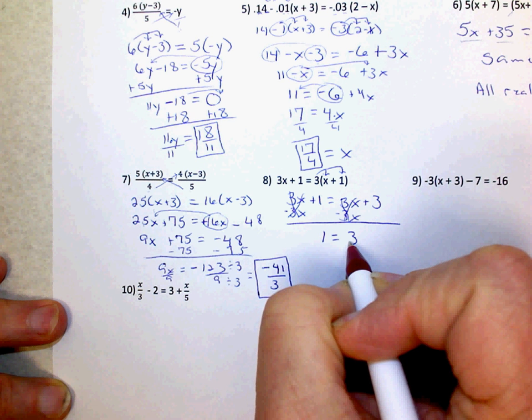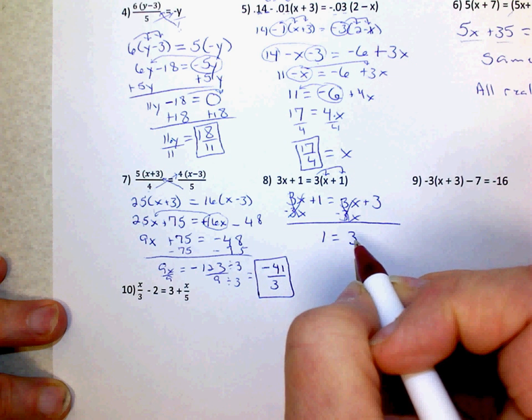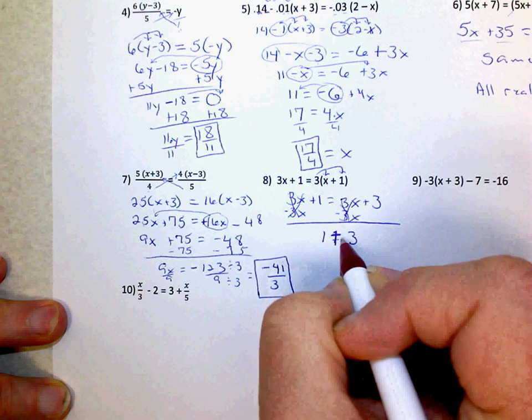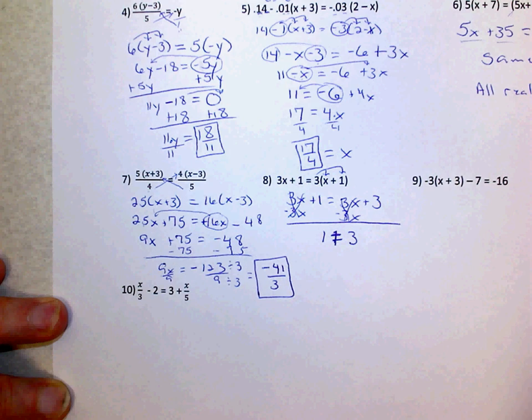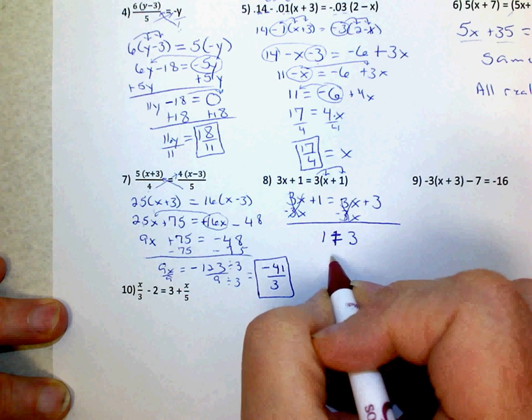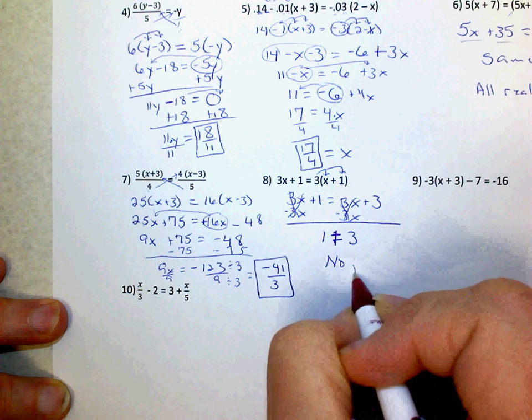What do I do with that? Is that true? No. It wasn't in my day in high school and college, and it isn't in your day either. So when this happens, these are parallel lines. Whoops.